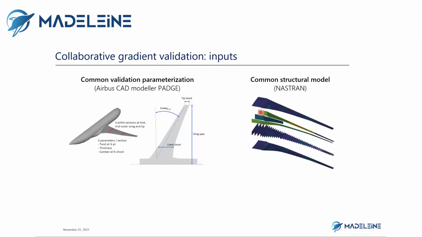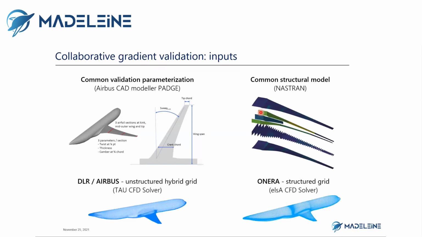In fact, 3 sections for which we can specify the twist, the thickness, and the camber. Similarly, for the structural part, we relied on the same structural model, which was set up by DLR using their tool called CPACS-MONA.